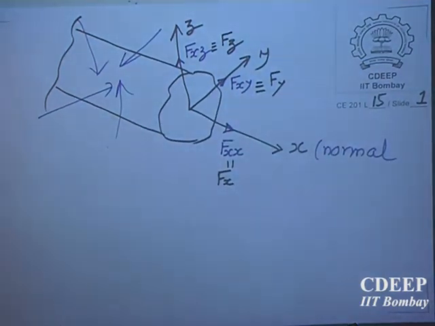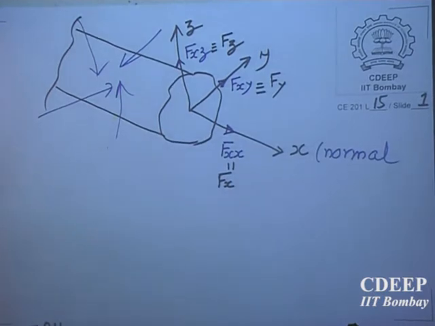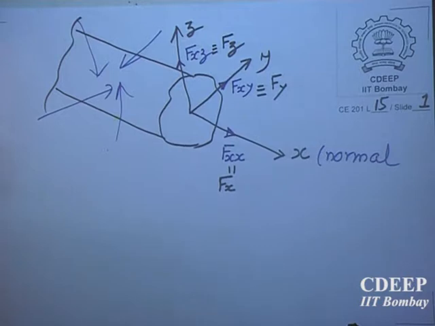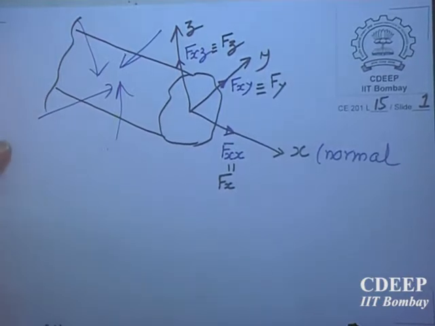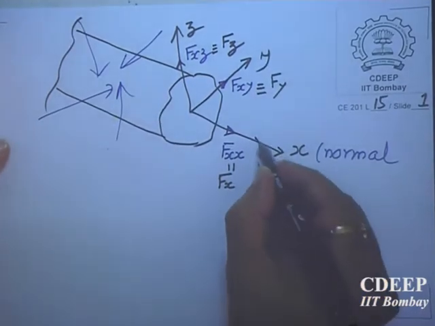So at any cross section you will find that there will be 3 forces, and also there will be 3 moments about the 3 axes.